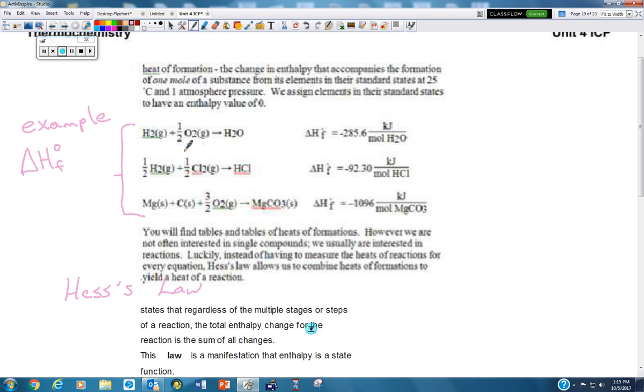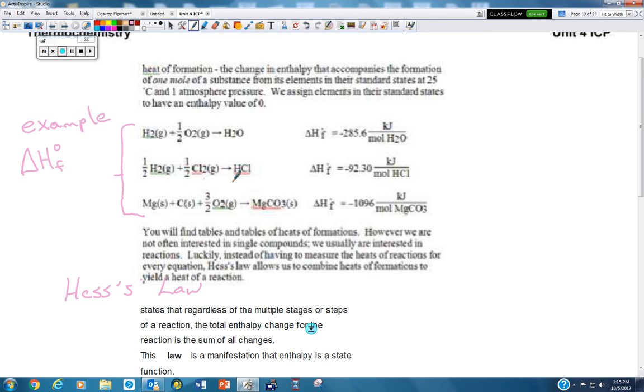So like we have the heat of formation of water, which is what we just saw, H2 plus 1/2 O2 yields H2O, and it's giving us a number that we have negative 285.6 kilojoules per mole H2O.